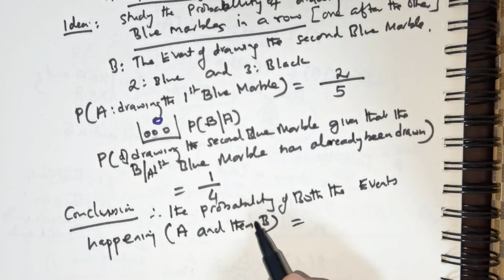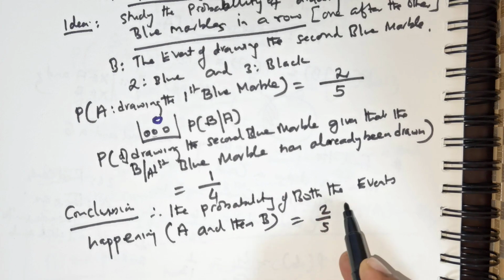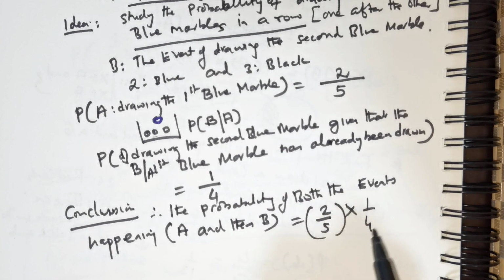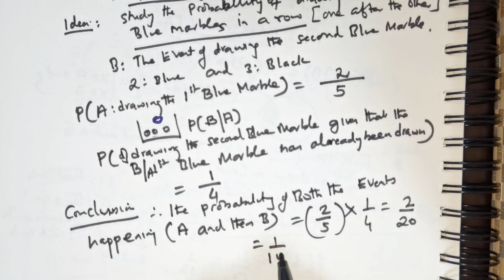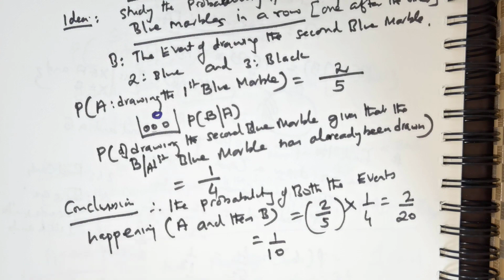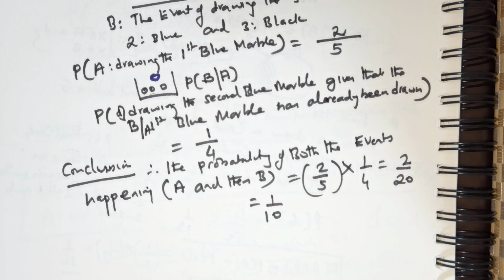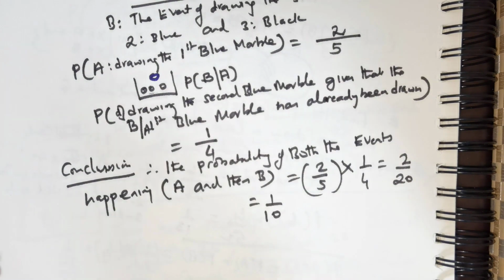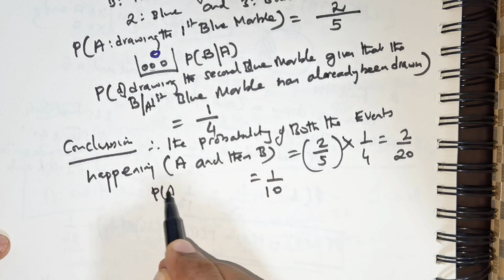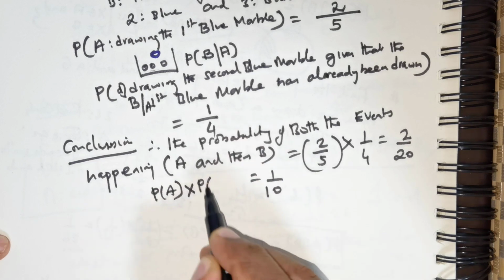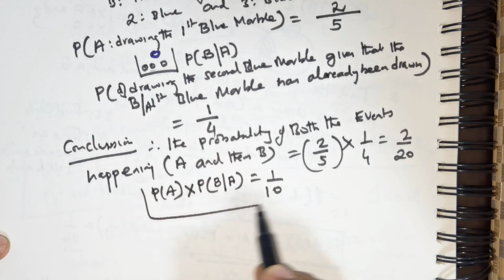For the first one we got 2/5, second one we got 1/4. So the answer is 2/20, which is equal to 1/10. So this illustration I gave to explain the concept of dependent event. In writing, we can write it like this: this is equal to 1/10, which is the probability of A into the probability of B occurring, given that A has occurred.